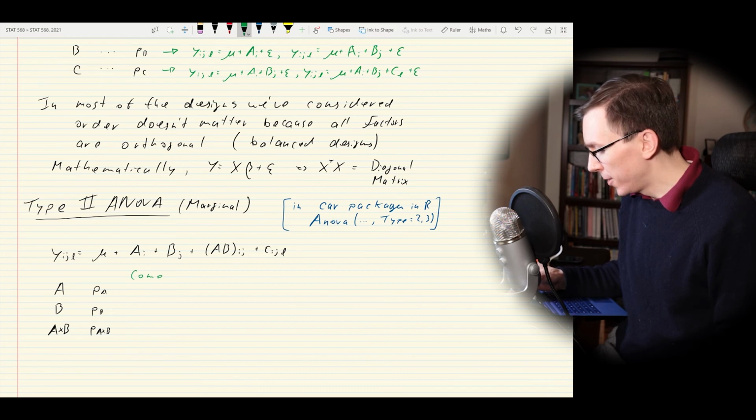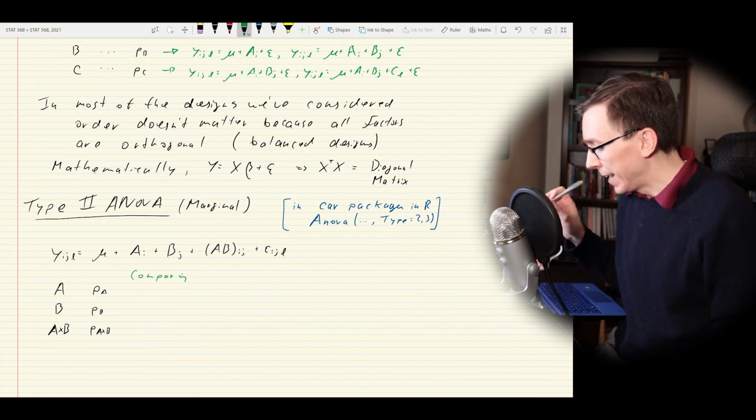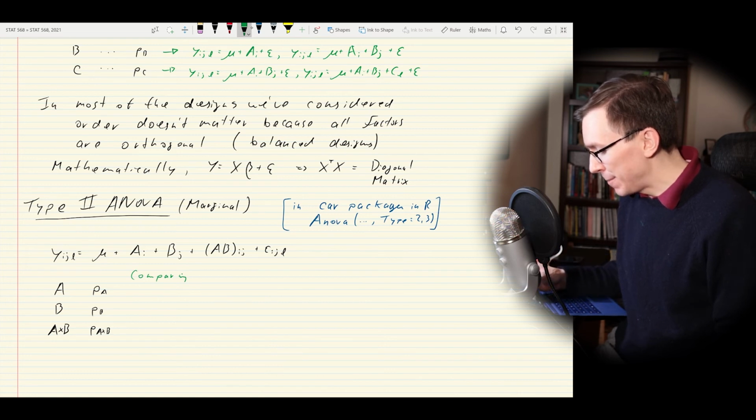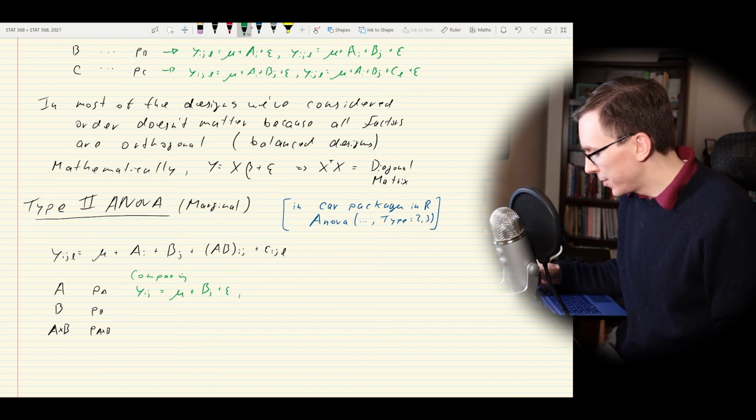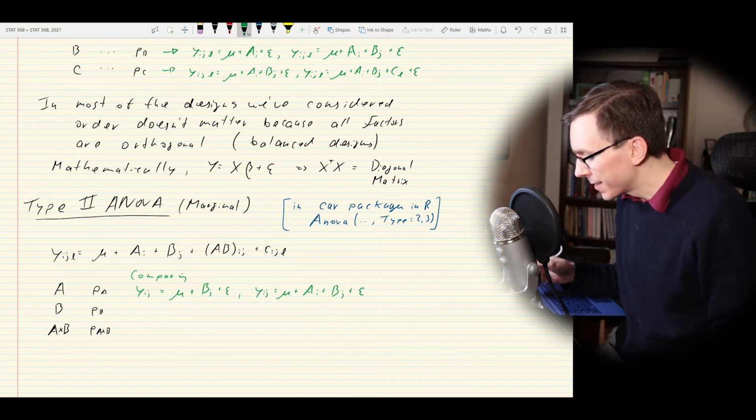In some sense, all of these F tests are just comparing two models. In the first case, we're comparing the model Yij equals mu plus Bj plus epsilon to the model Yij equals mu plus Ai plus Bj plus epsilon.